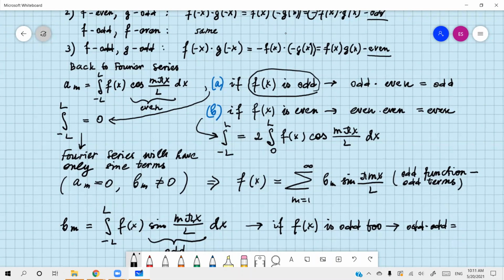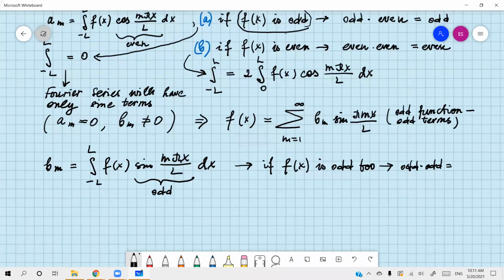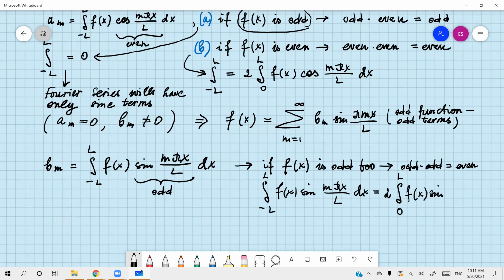Odd multiplied by odd is even, right? For an even function, the integral from negative L to L of f of x sine of m pi x over L dx can be calculated as 2 times the integral from 0 to L of f of x sine of m pi x over L dx. So if the function is odd, the integral can be calculated like a double integral.